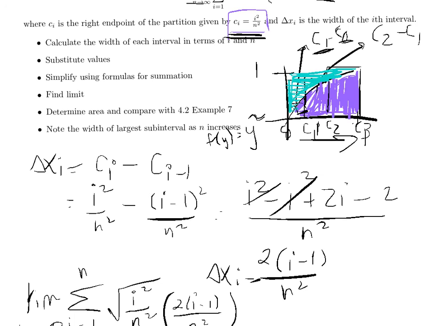We found that area to be 1/3. So the area we just found is 2/3. You add them together, you get 1, which is exactly what you would expect because it's a 1 by 1 square.